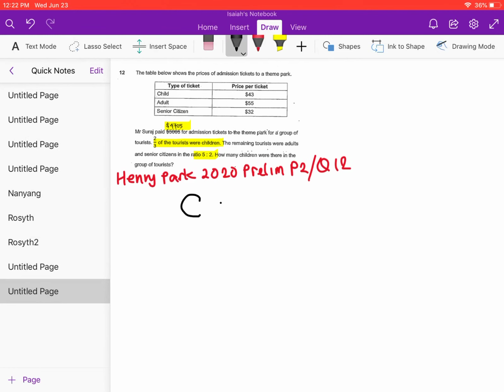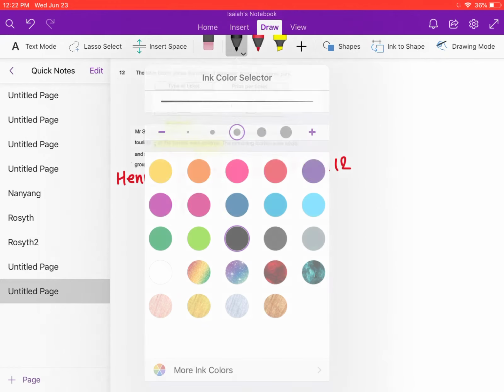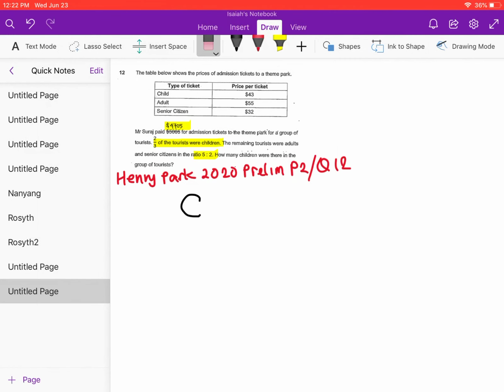Okay, children 2, adults and senior citizens combined. It'll be 2:1. Total children plus adults plus senior citizens altogether total 3 parts. So 2 out of the total of 3 parts will be children, and 1 part will be the adult and senior citizens combined.